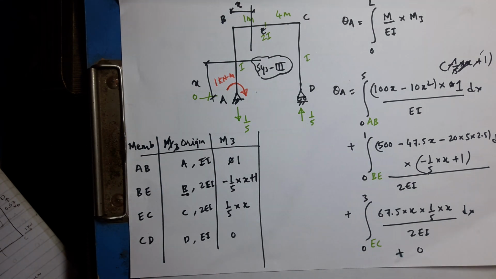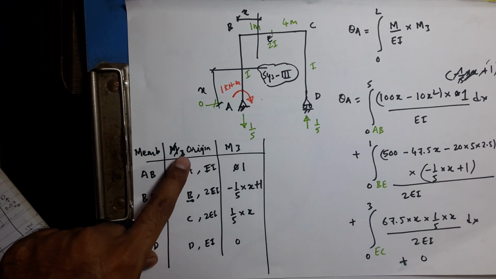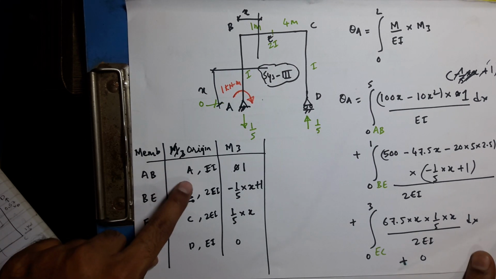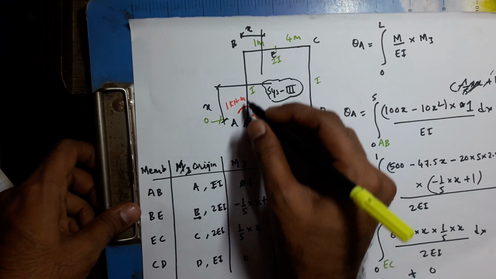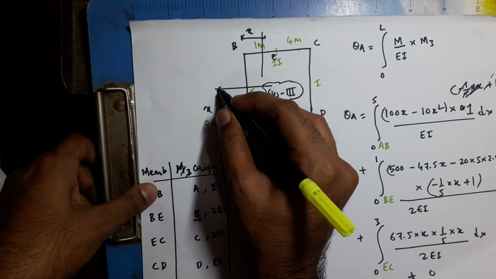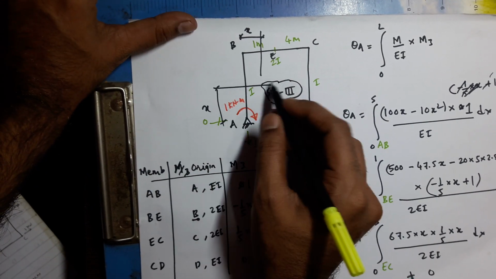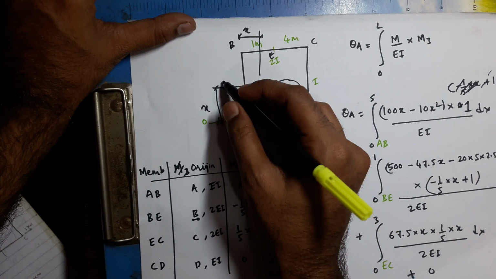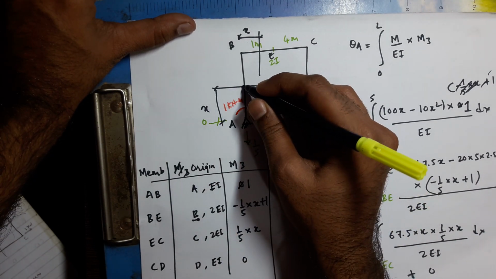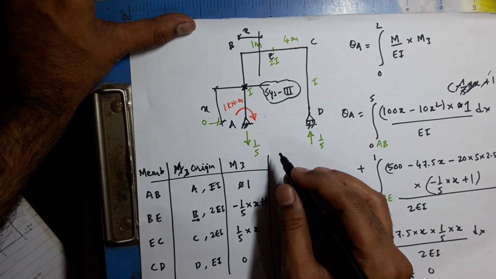The very first member we have is AB, and I have taken the origin as A, so distance x will be from A. I take a section in member AB and have to calculate the moment developed here.